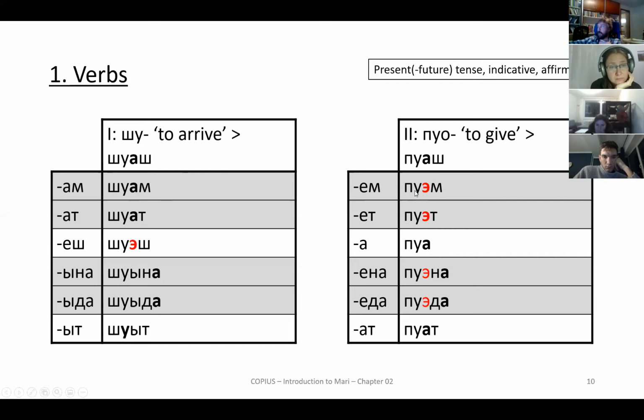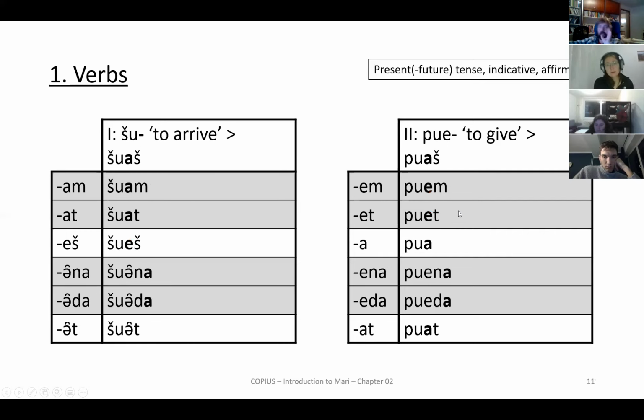And with puash: puem, puet, pua, puena, pueda, puat, the backwards E that we always have. We need this because otherwise it would be shuyesh, puyem, puyet. We need the backwards E to show that there is no y sound, but there is not actually anything irregular here either.